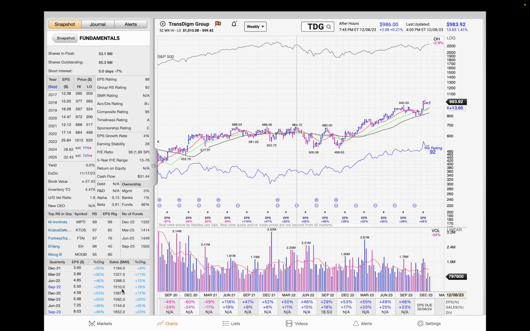And let's see the fundamentals. EPS is coming in strongly, and so is sales. The number of funds is increasing. That's a good sign. PE ratio 38, EPS rating 88, composite rating 95. It's a strong name, absolutely.